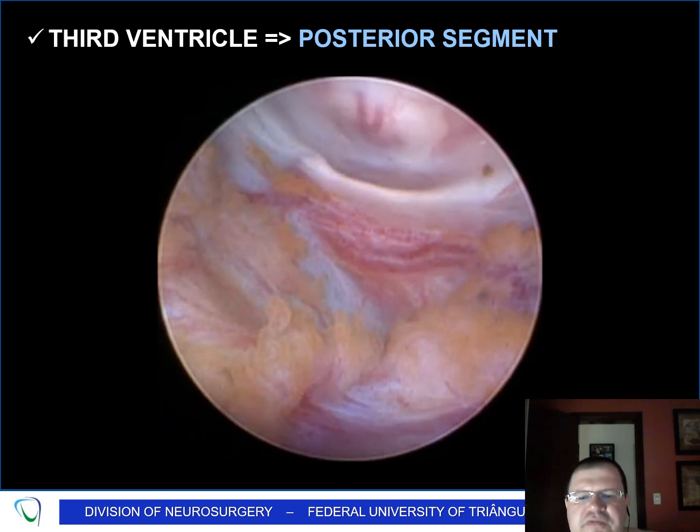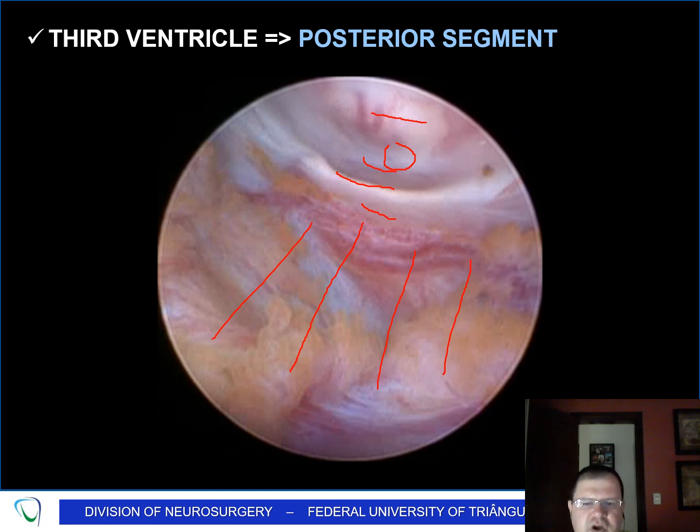A panoramic view of the roof of the third ventricle, we can see here the posterior commissure, pineal recess, pineal gland, habenula, suprapineal recess, and the roof of the third ventricle. It's a region with the presence of the choroid plexus also.